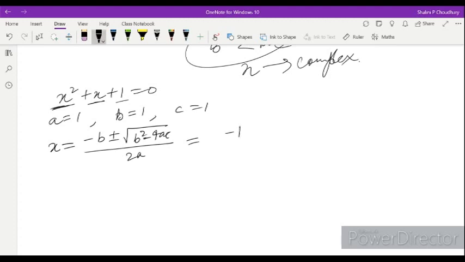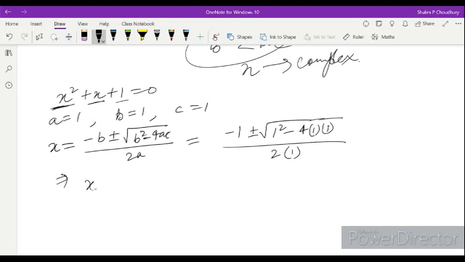Minus b means minus 1, and plus minus square root of b square, that is 1 square, will be 1, minus 4 into a value is 1, c value is 1, divided by 2 into a value is 1. Now x will be equal to minus 1 plus minus square root of 1 minus 4, divided by 2.